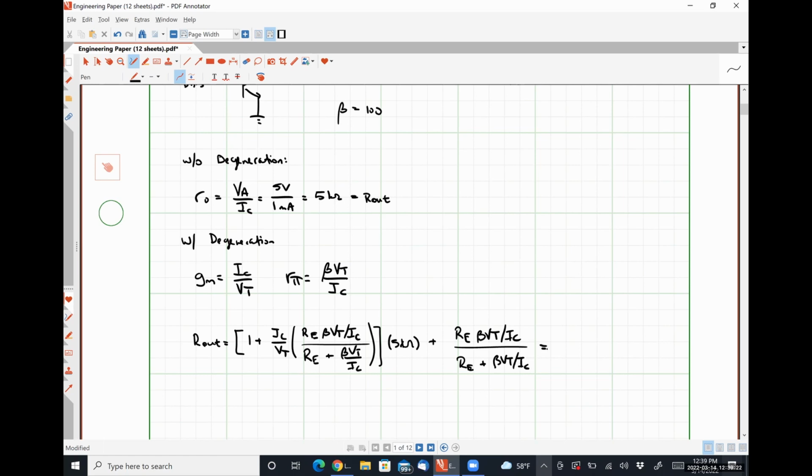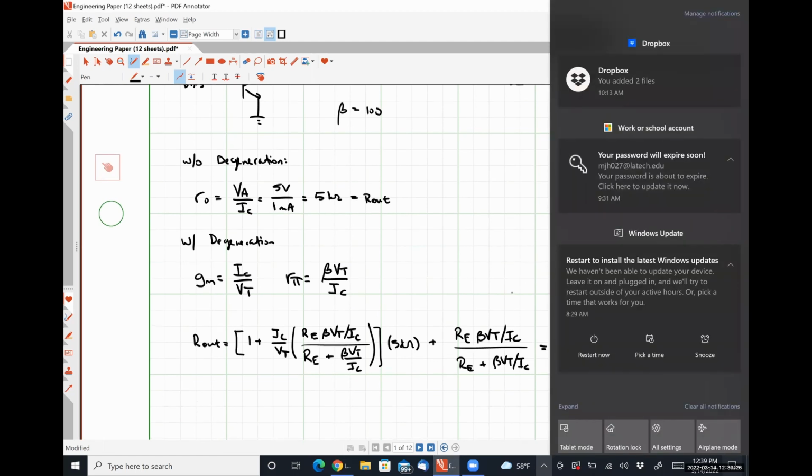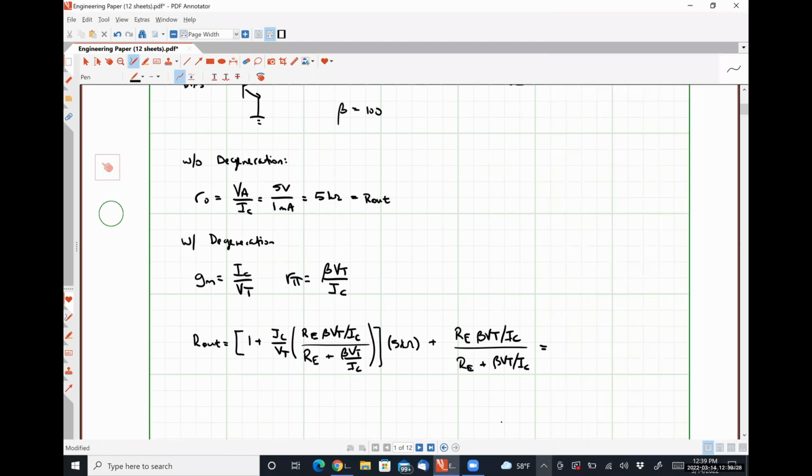Which should come out to be 23.615 kiloohms. Okay. So this degeneration resistor is fulfilling a very important role here.